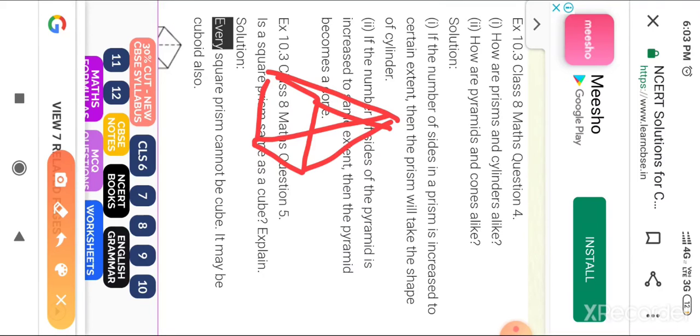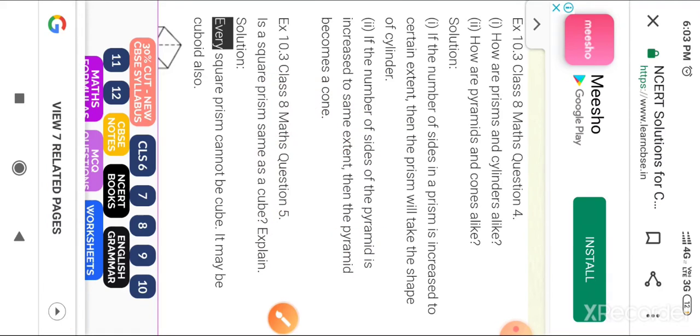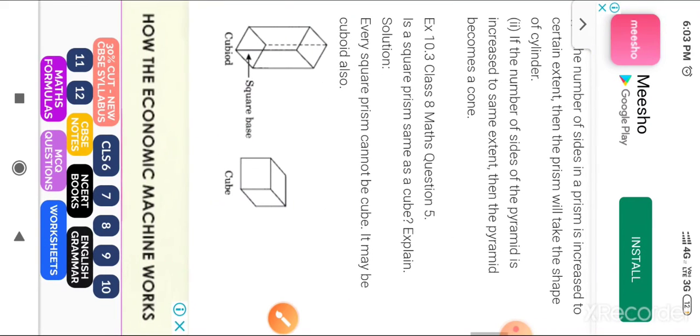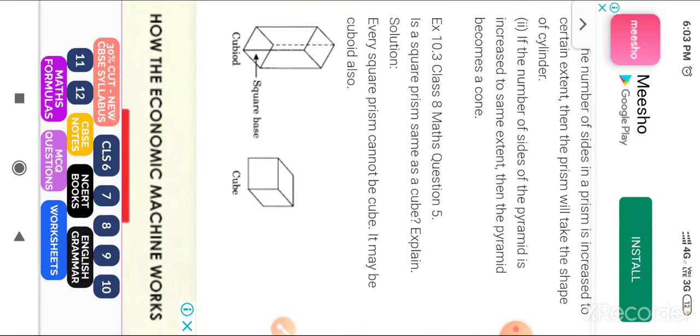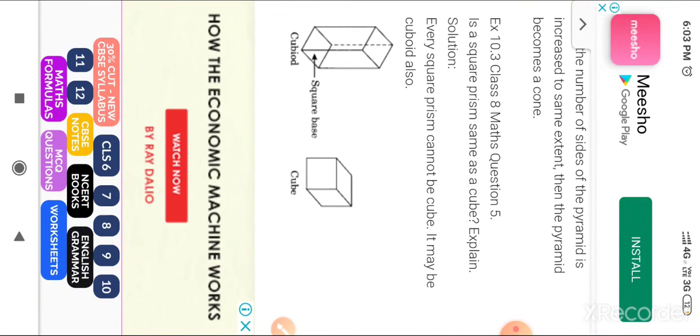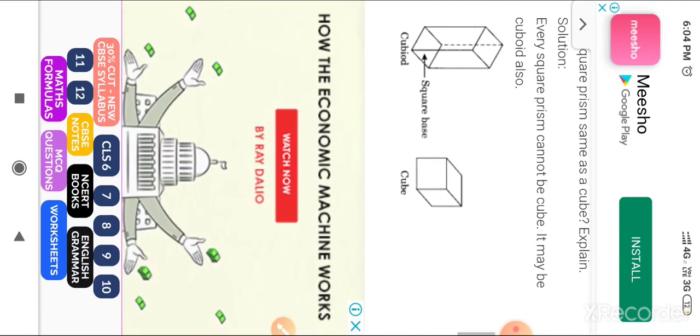So if we increase the sides of its base, it becomes a cone. Next question is, is a square prism the same as a cube? So every square prism cannot be a cube, it might be a cuboid also.